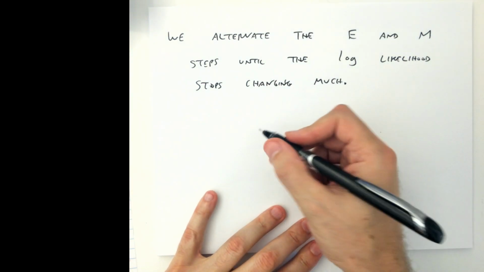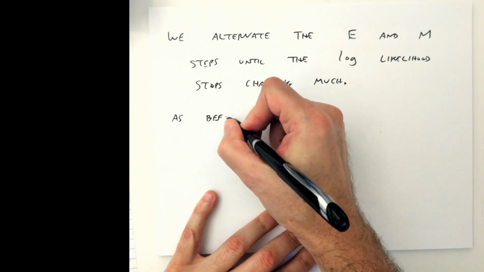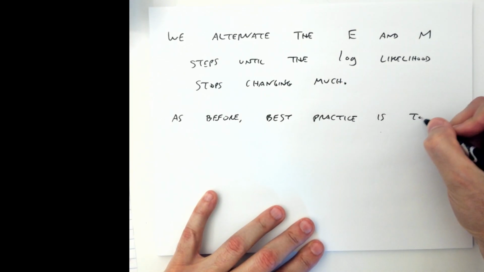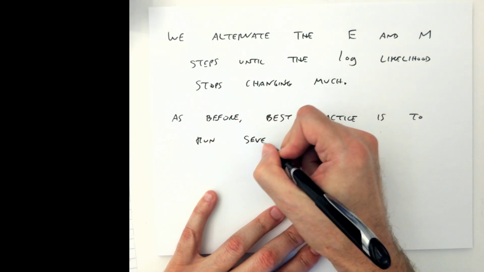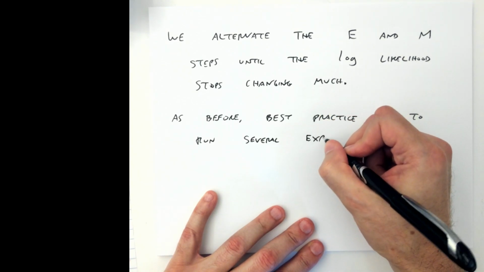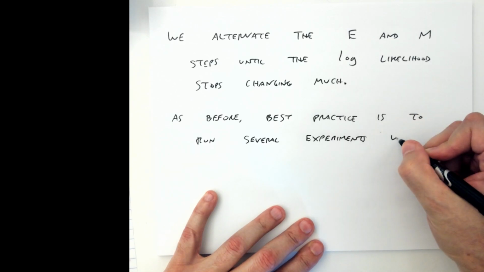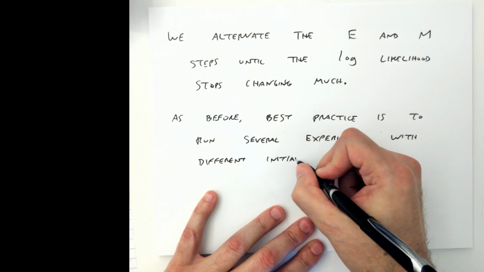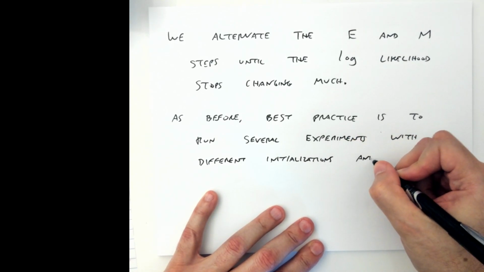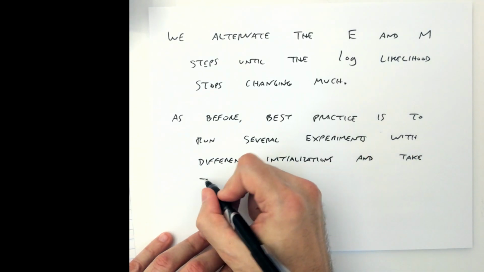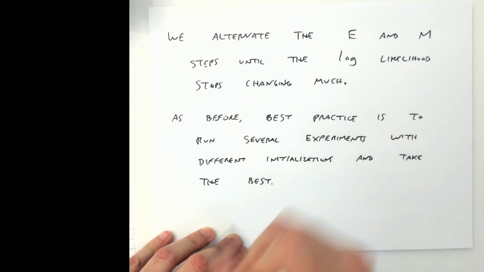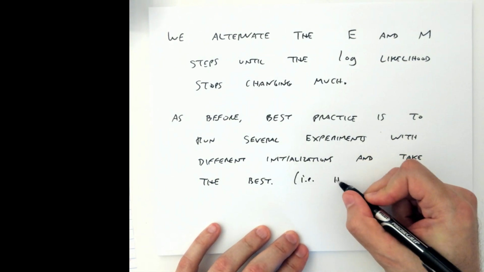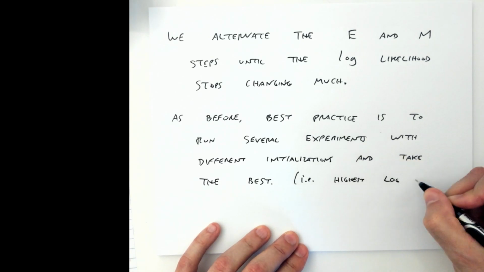So, as before, best practice is to run several experiments with different initializations and take the best, meaning the highest likelihood of generating the data, i.e. the highest log likelihood.